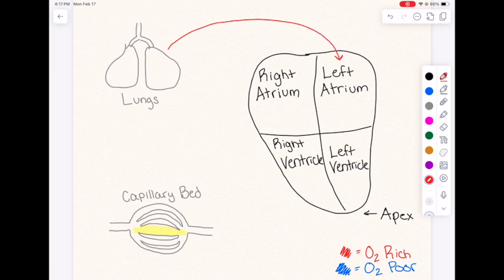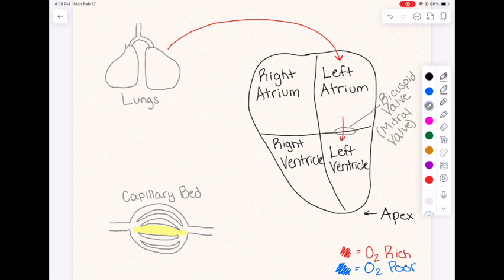From there, it's going to pass through a valve of the heart into the left ventricle. This valve, which I'm denoting by the gray circle, is called the bicuspid valve. It's also called the mitral valve.